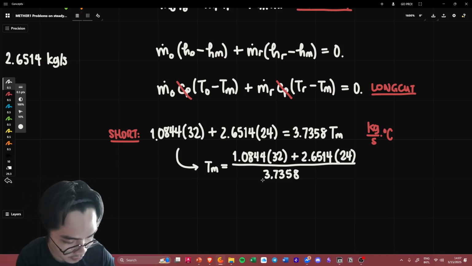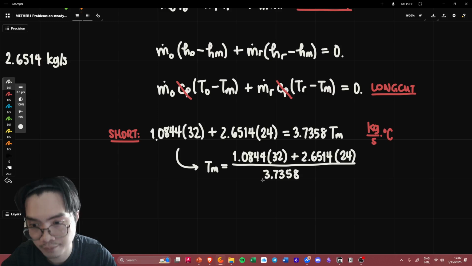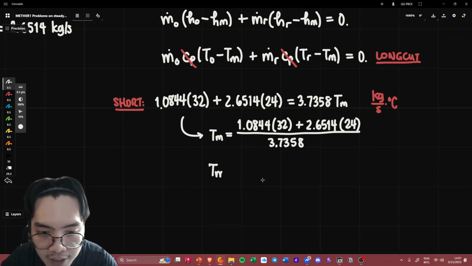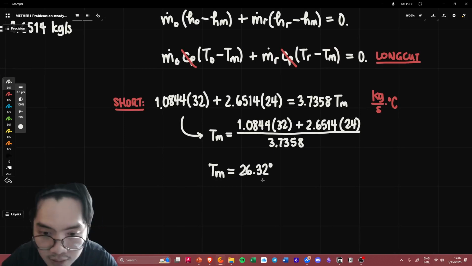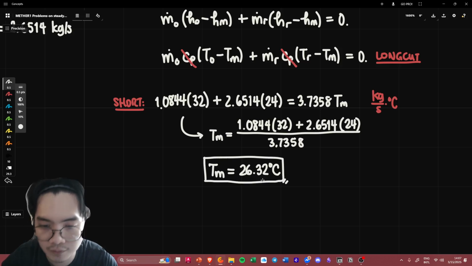Based on the formula, you will get 26.32. Your TM in here will be 26.32 degrees Celsius. So this is your answer for TM.